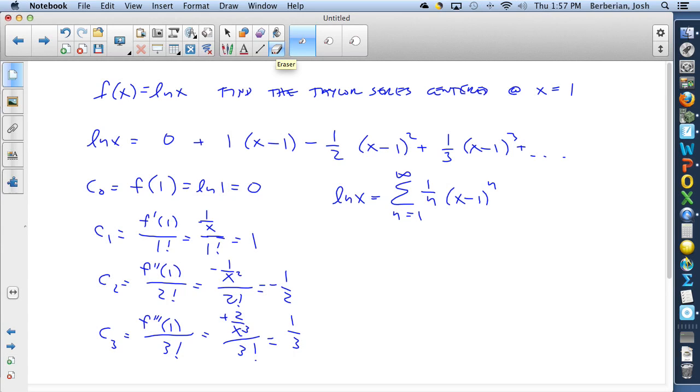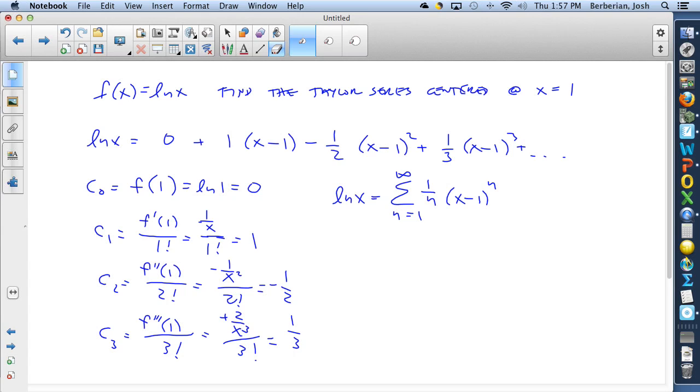Does my summation notation work? It's 1 over n times x minus 1 to the n, where n starts at 1, not at 0. So I get 1 over 1 times x minus 1 to the 1. What am I missing? The alternating negative. I have to make it alternate.